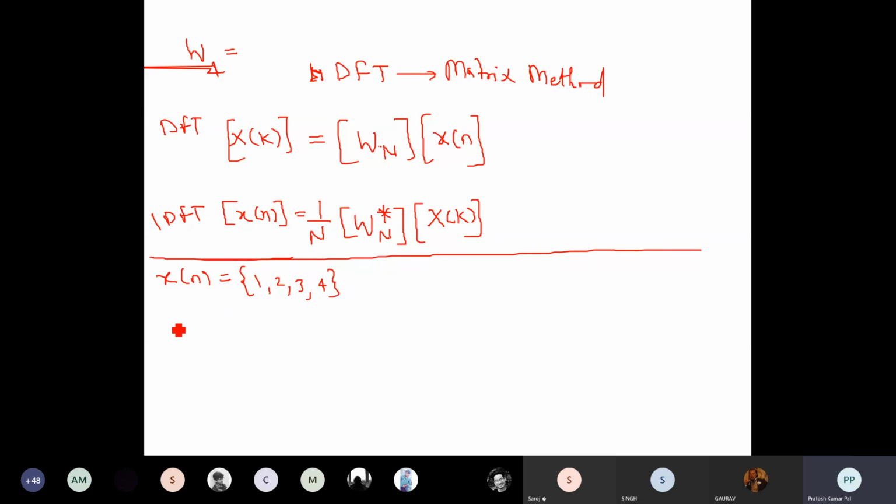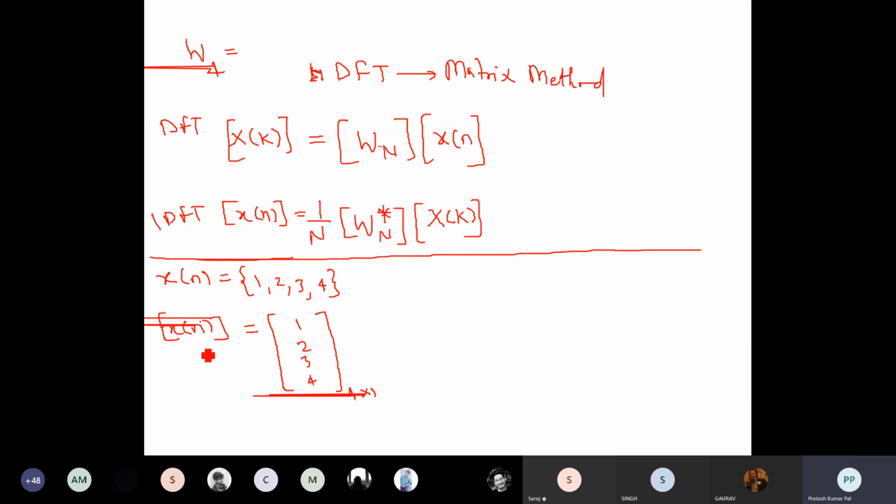What we need to find out first of all is the x of n matrix, which is real and the imaginary part is zero. So this x of n matrix will be given by a column matrix of 4 cross 1.